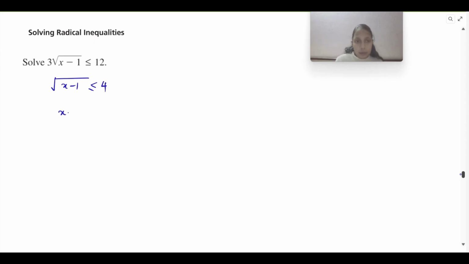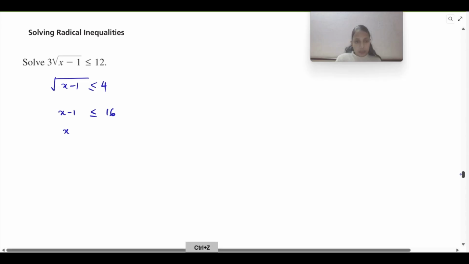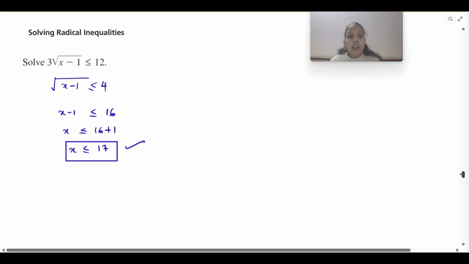Then I took square on both sides. So x minus 1 is less than or equal to 16. So what will you get? x is less than or equal to 16 plus 1, that is 17. So it says x should be less than or equal to 17. This is the condition here. Look at this condition also in the given inequality.